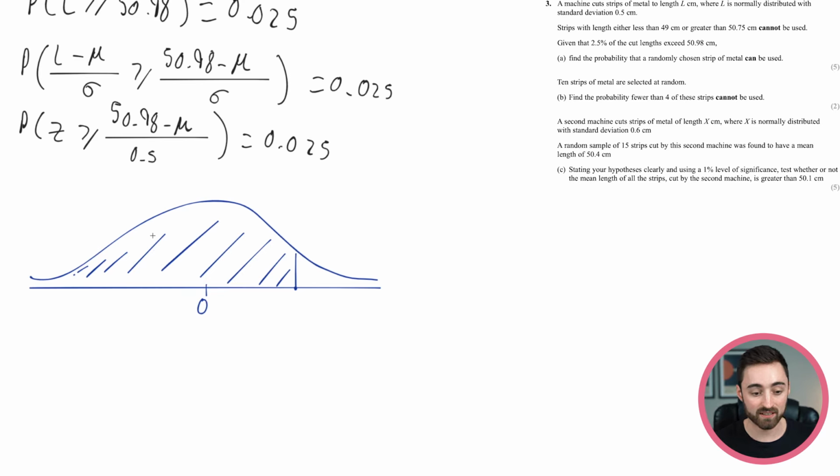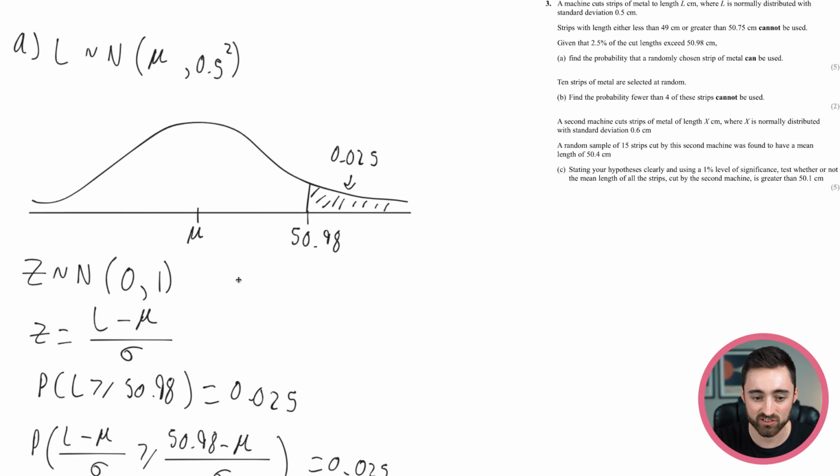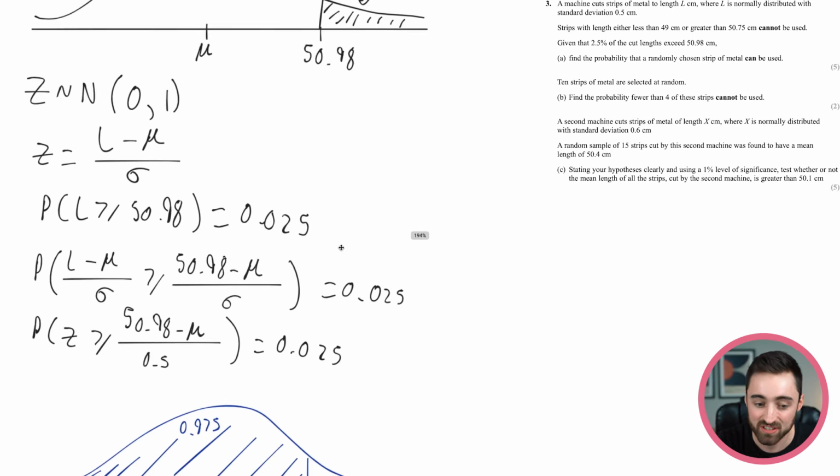If you tell me this area, my calculator is going to give me the value at which this area ends. So I could say to my calculator, give me this Z value here, such that the area to the left of it is 0.975. Why would I want to do that? Well, if the area to the left of it is 0.975, then isn't the area greater than it 0.025? It is, right?